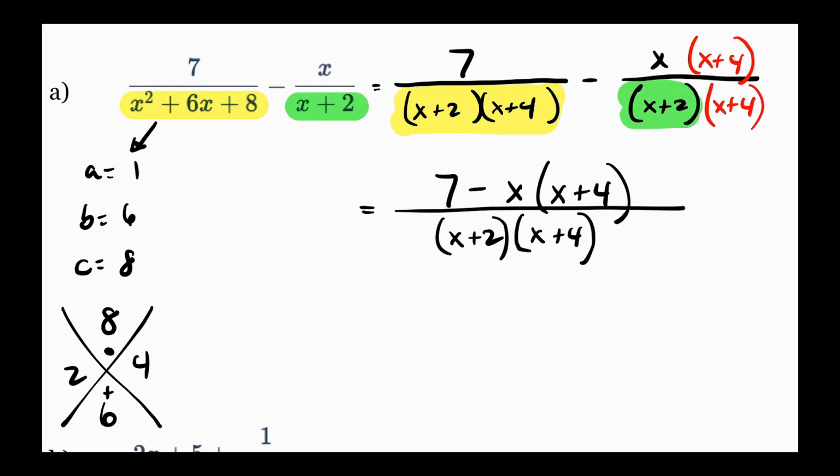Step 5, simplify. I know what a lot of you are thinking: let's see if we can do it. If we can, go for it. If we can't, we can't. Why not? Because of this part right here.